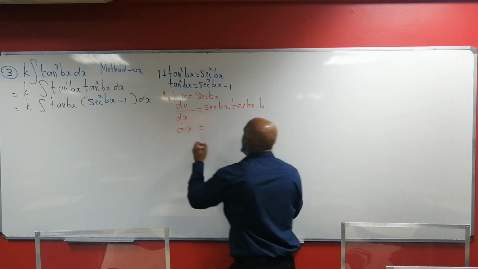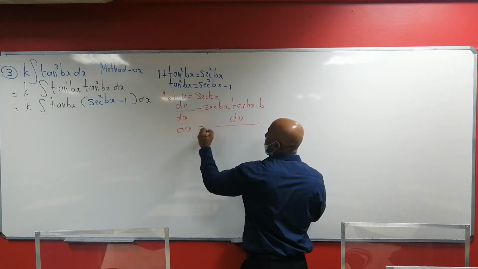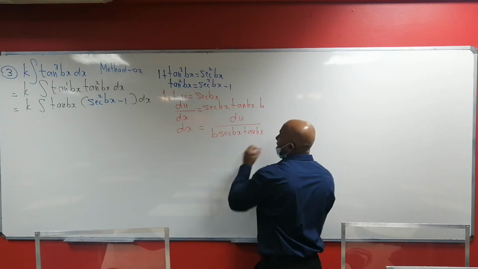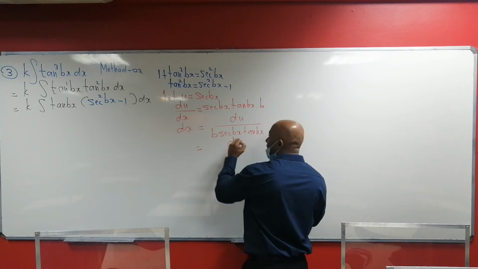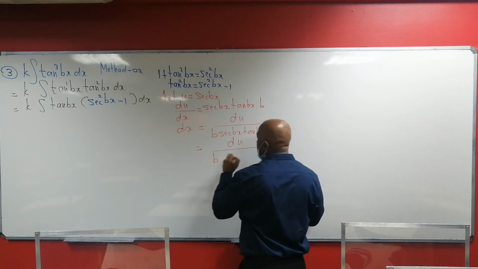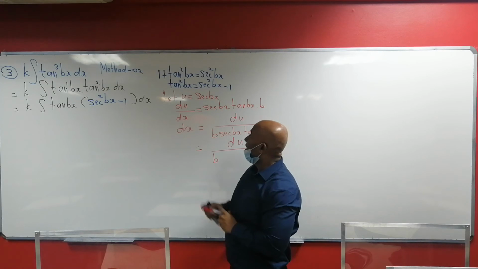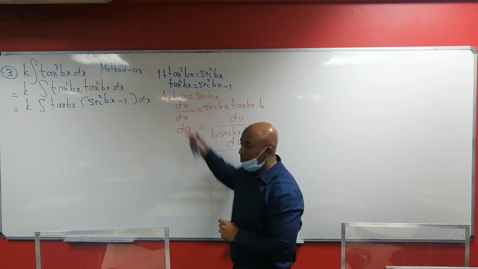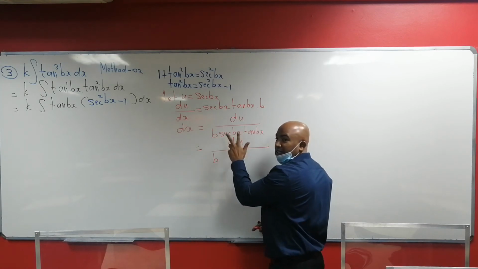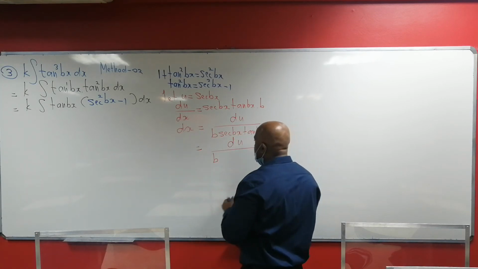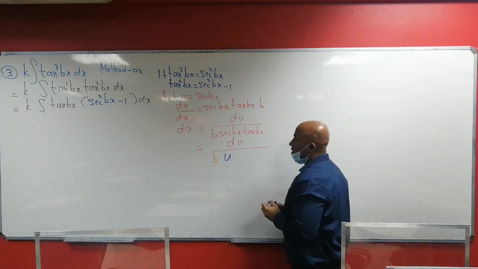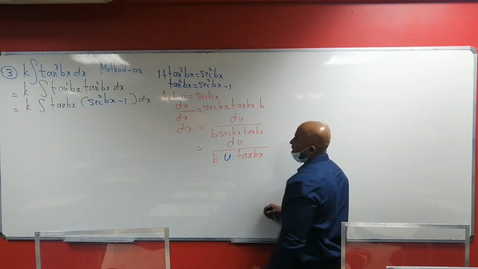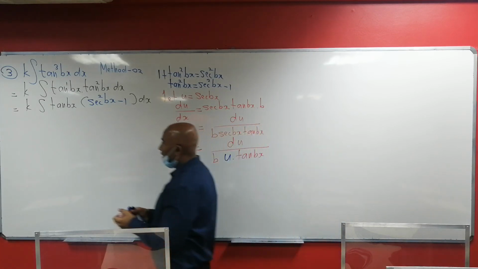So dx is going to equal du all divided by b sec bx tan bx, which is actually du divided by b. Now, what did we let sec bx equal to? We let it equal to u. We have sec bx here again. Can you see that? So I can replace it with u. So I got my u there, and then I have tan bx. Now let's substitute and see what happens.